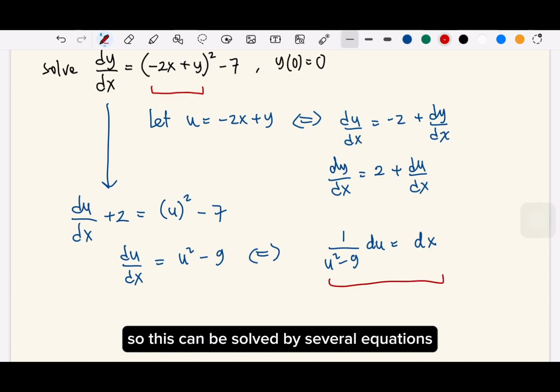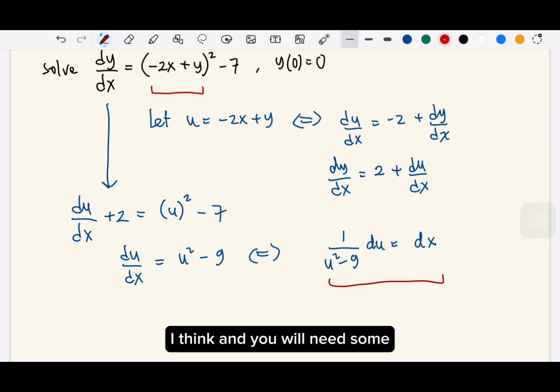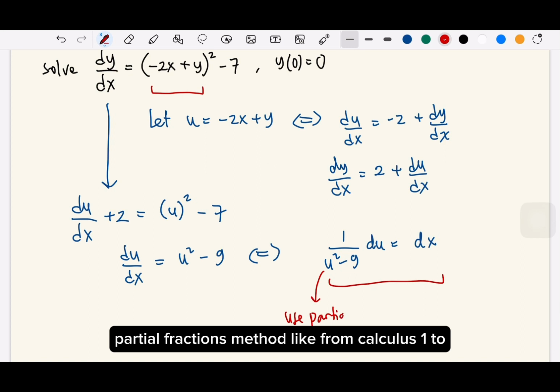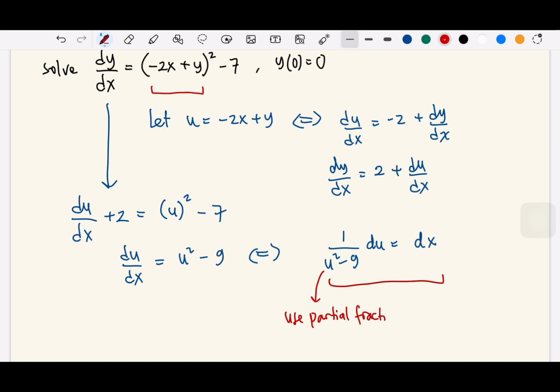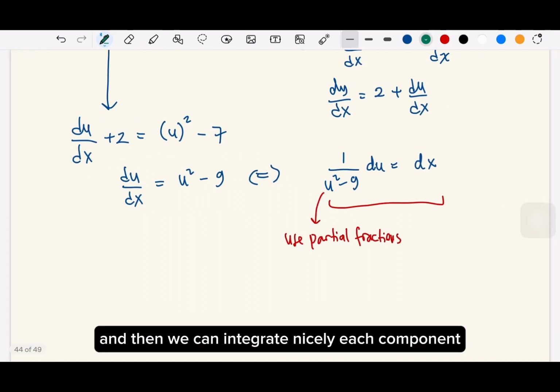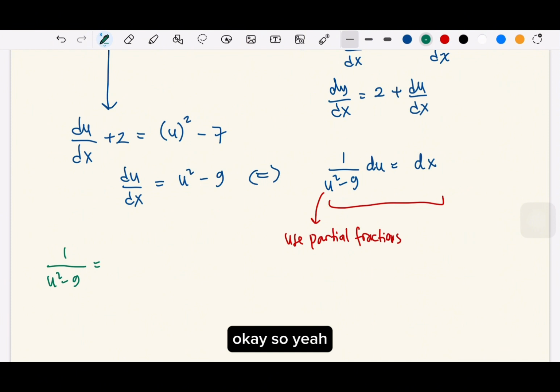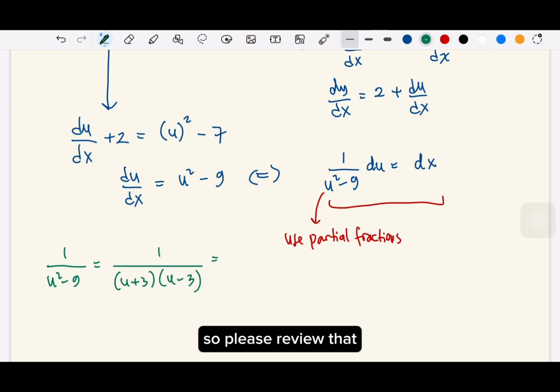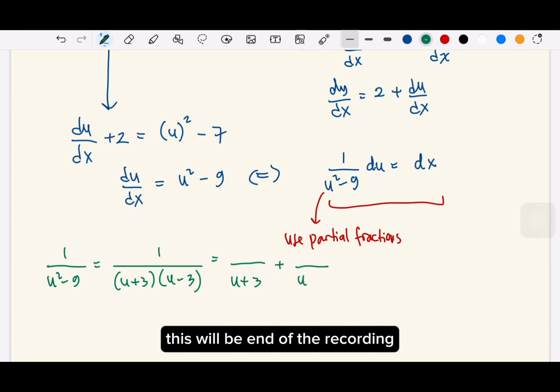So this can be solved by separable equations, I think, and you will need some partial fractions method, like from calculus 1, to separate the components of these fractions, and then we can integrate each component nicely. Okay, so please review partial fractions if you haven't gotten into it in calculus 1 before. And I think this will be the end of the recording.